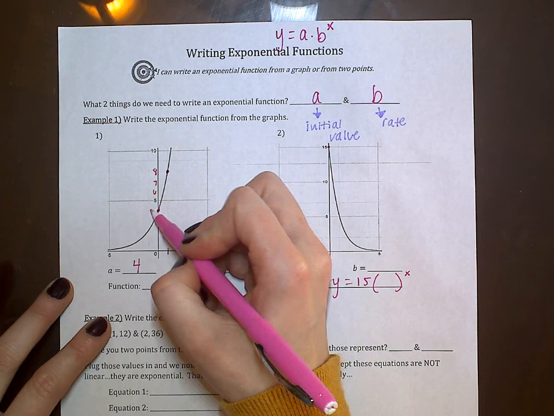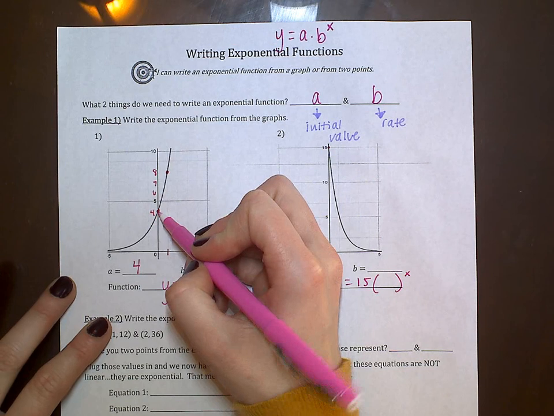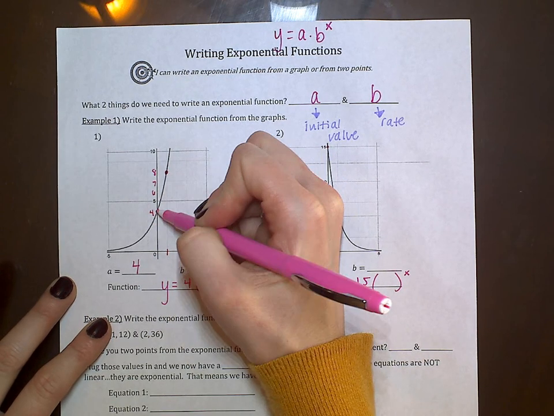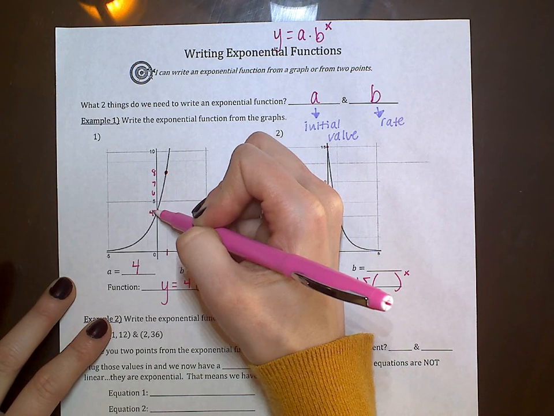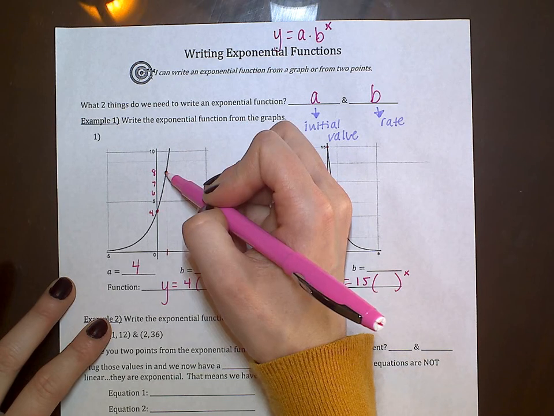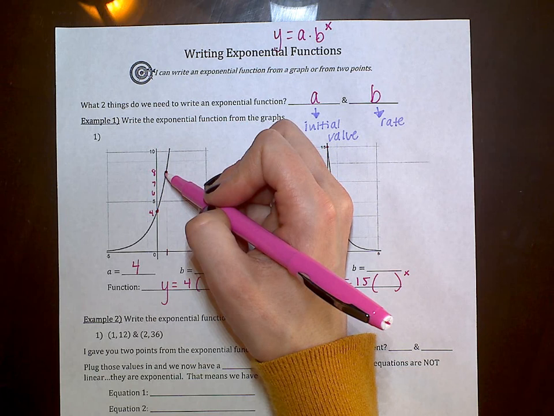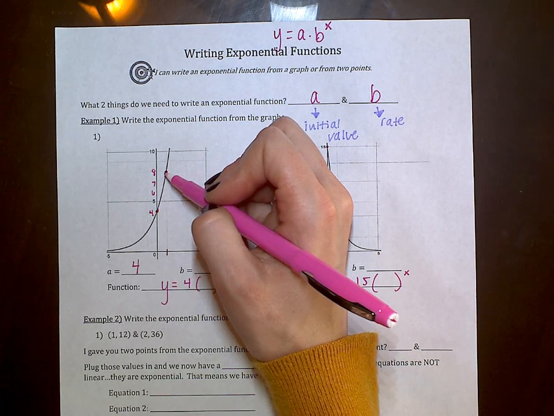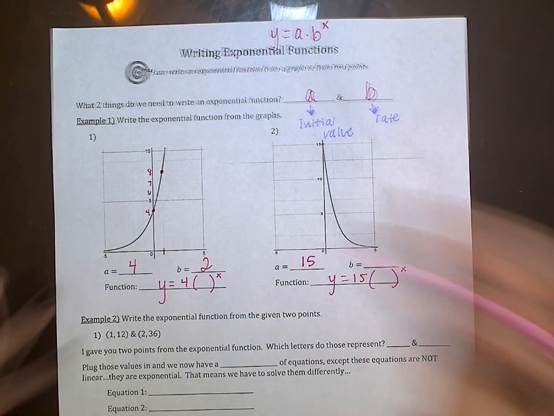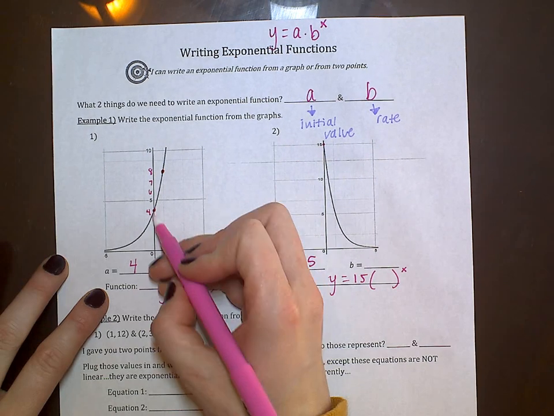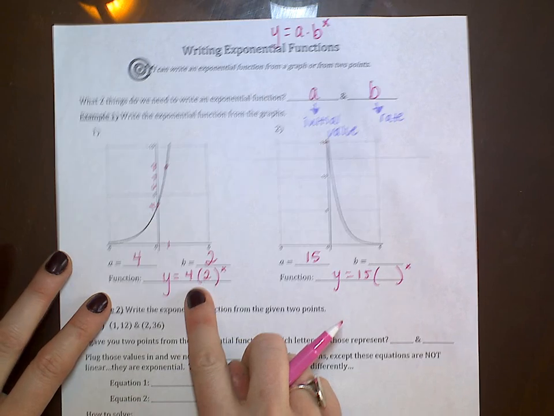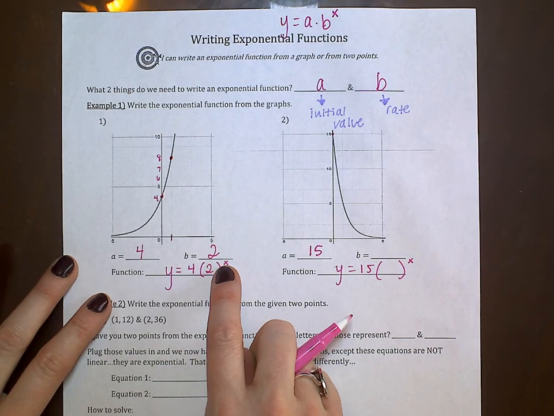So the y-intercept is at 4, and when I shift right 1, I'm landing at 8. So all you have to think is, well, what do you multiply 4 by to get 8? You multiply by 2. So that is your rate here, that's your b value. Multiplied by 2 to shift over to the next point, so that's my b. So there's my function. y equals 4 times 2 to the x.